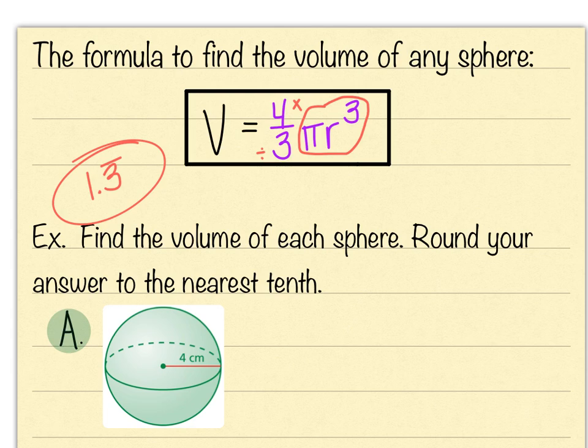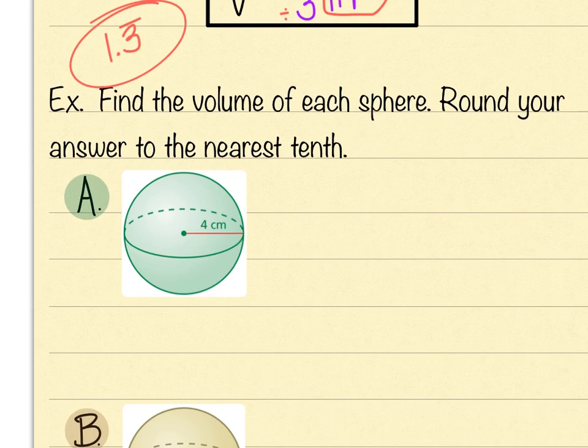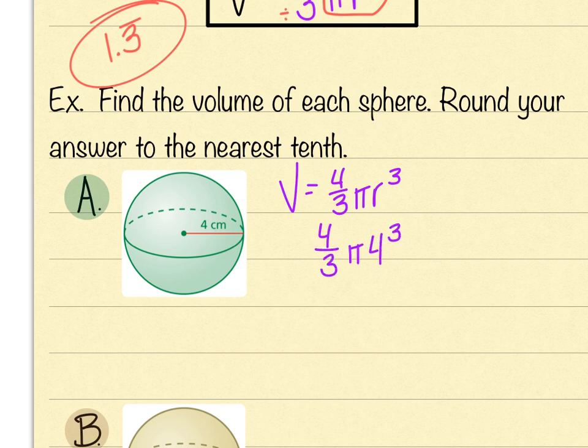So let's look at this first example and see how this works. Our formula is 4/3 pi r cubed. We just need to know what the radius is, which is 4. So 4/3 pi times 4 cubed.